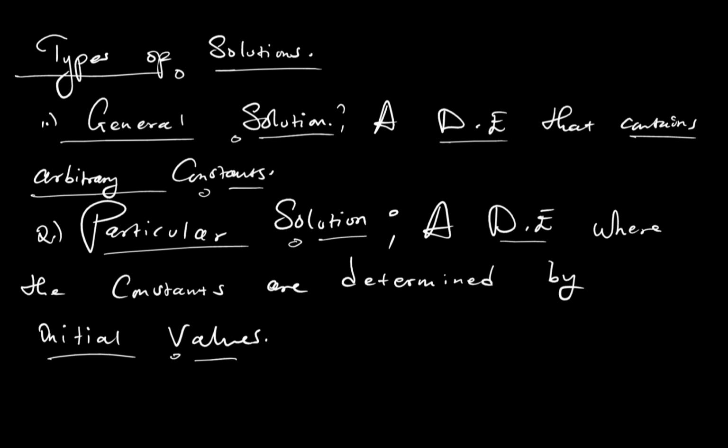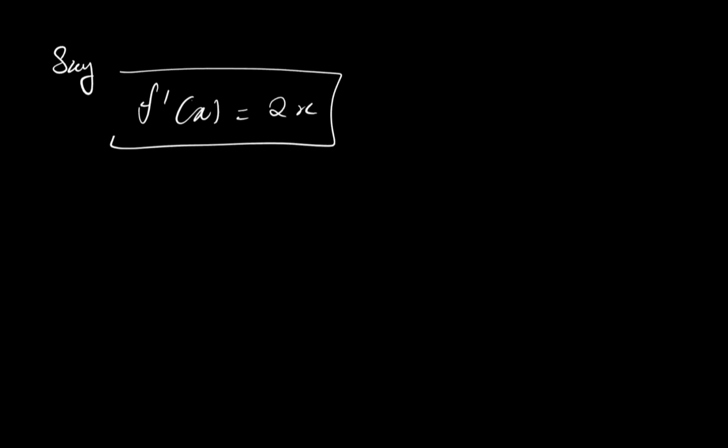Let's take two statements, some random statements. Let's take, for instance, f prime of x is equal to 2x. So now we know that this is the first derivative.